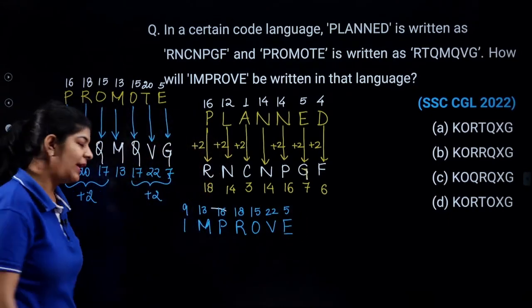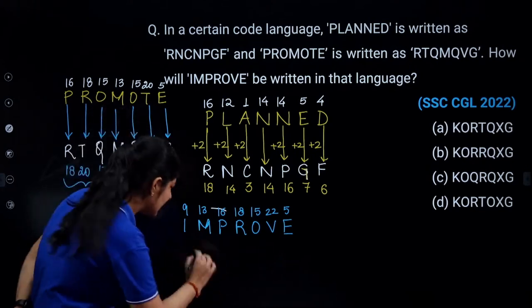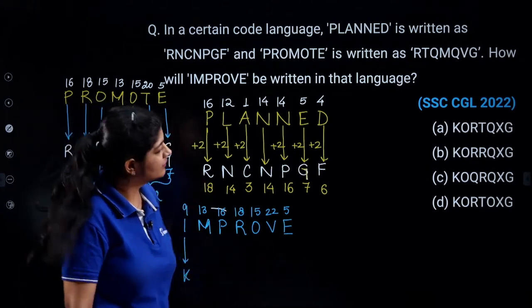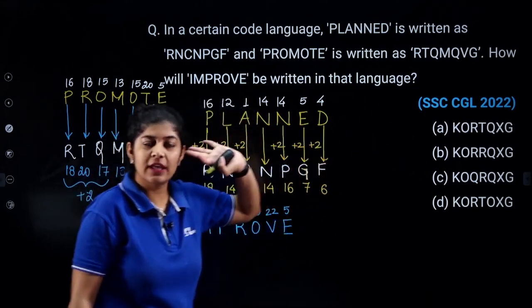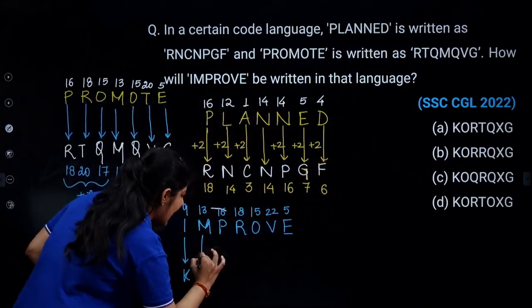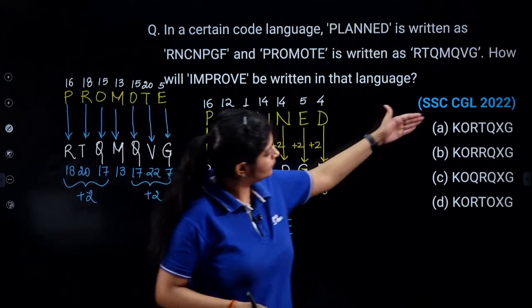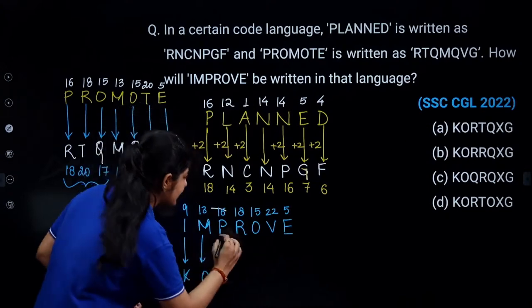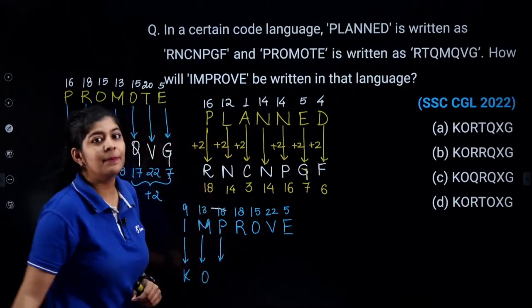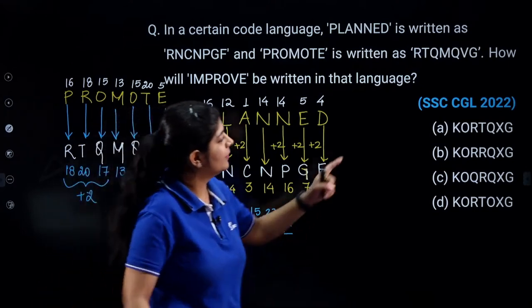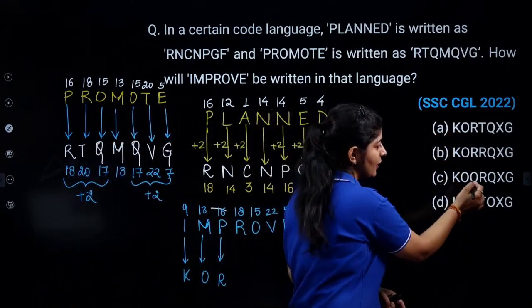9 plus 2, 11. 11 is K. So my answer should start with K. We are having all the options with K only. Okay, next. 13 plus 2, that is 15. 15 is associated with O. O, okay. Next. 16 plus 2, that is 18. 18 is R. Do we have R?